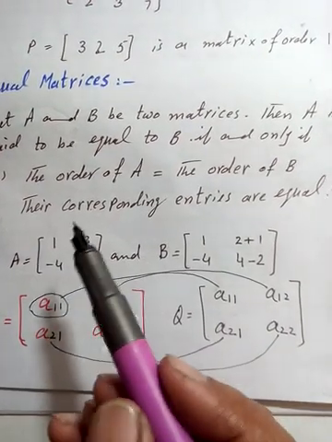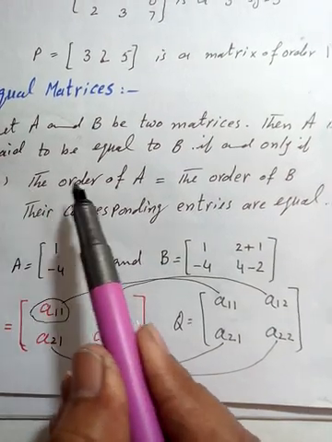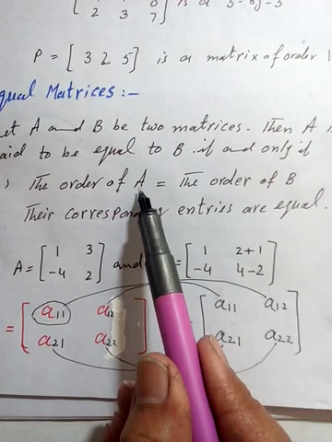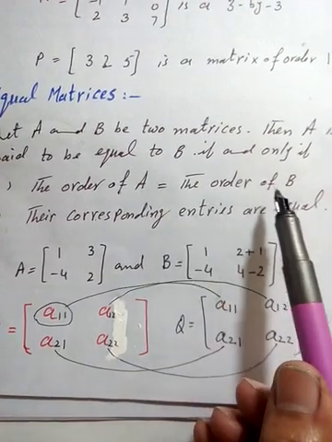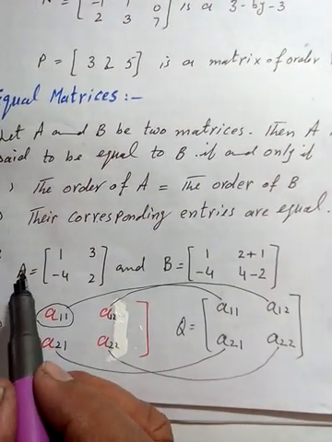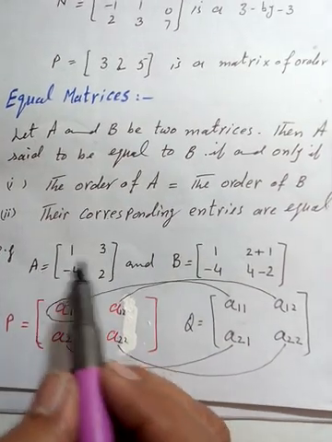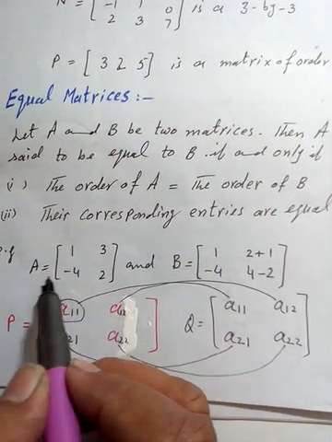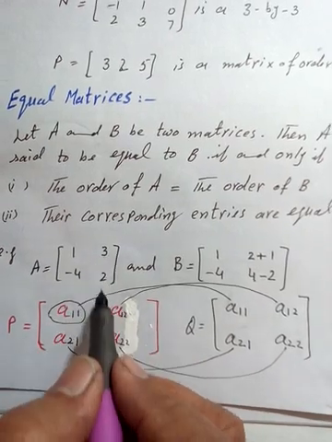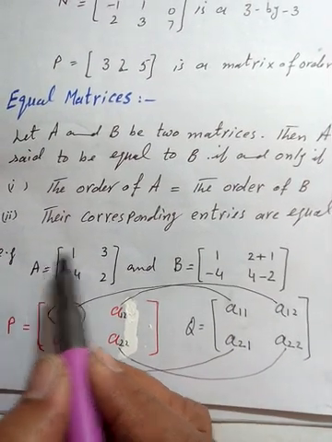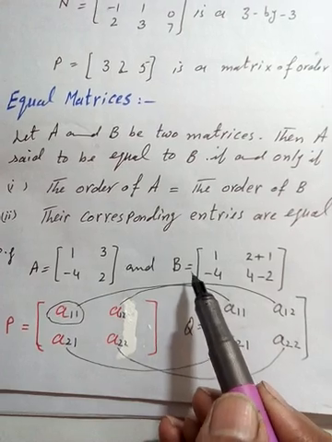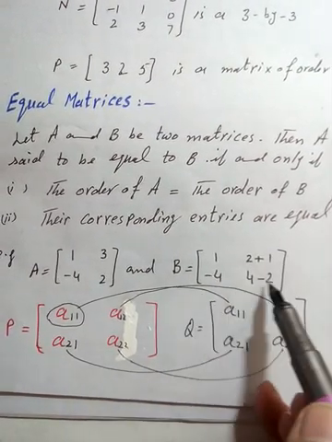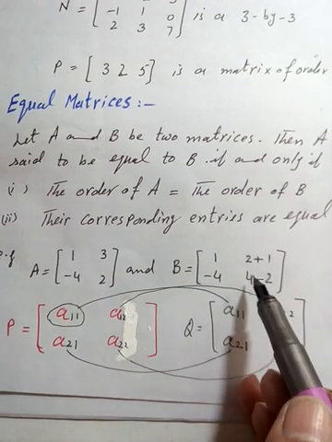According to condition number 1, the order of A must be equal to the order of B. In matrix A, there are 2 rows and 2 columns, so its order is 2 by 2.